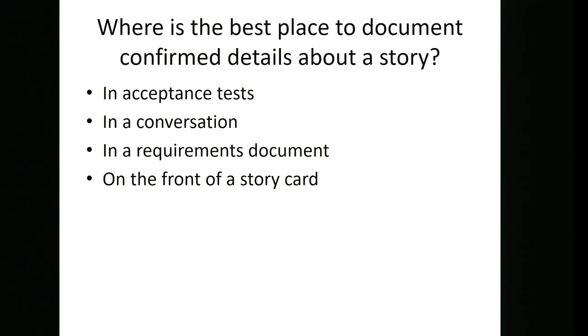But actually, what you really want to do in this situation is, they become confirmed when you pin them down with the customer in the form of acceptance tests. This is your contract with a customer, where you're able to agree the acceptance tests. An example of this is the kind of data that we give you in your user stories for each week. We give you examples of input and expected output, and these are acceptance tests.